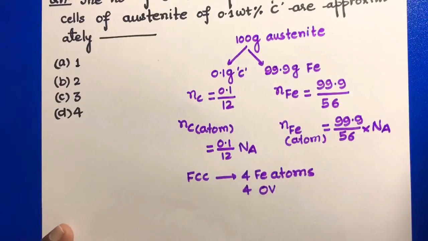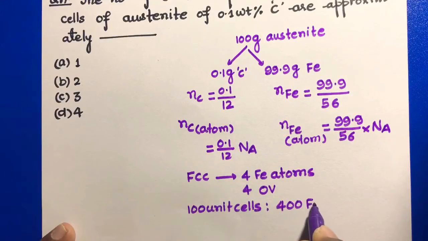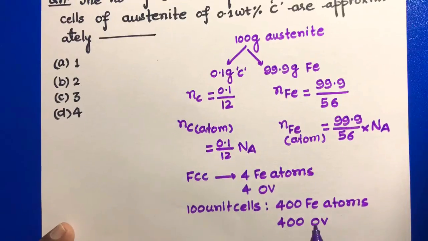Now if you take 100 unit cells, then you will get 400 iron atoms as well as 400 octahedral voids.